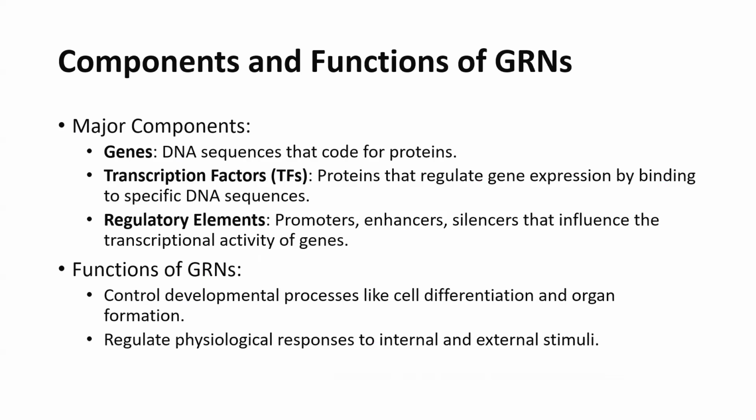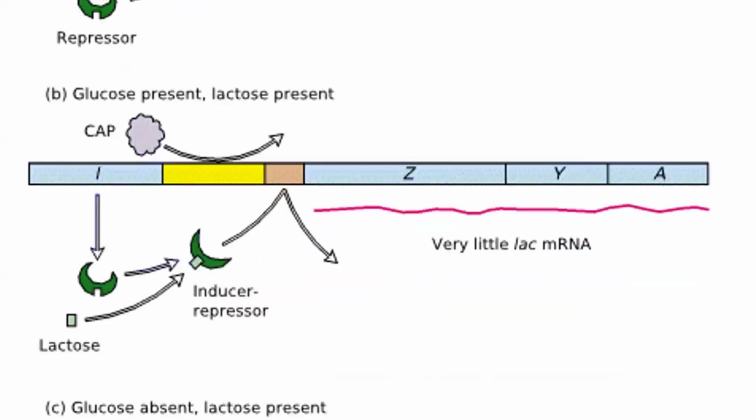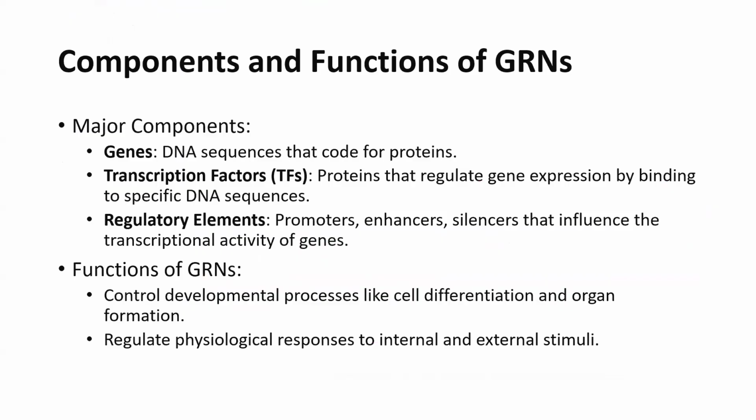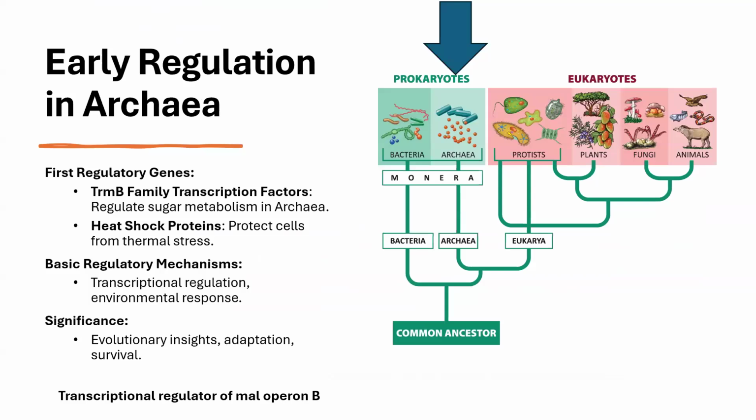You have promoters, enhancers, and silencers, specific sequences on the genome that bind the element. And we saw this here. So we have a repressor and so on, inducers, repressors. And so these GRNs control the developmental processes like cell differentiation and organ formation. They regulate physiologic responses to internal and external stimuli.